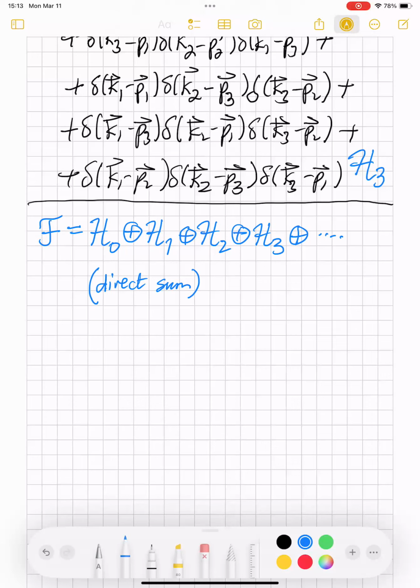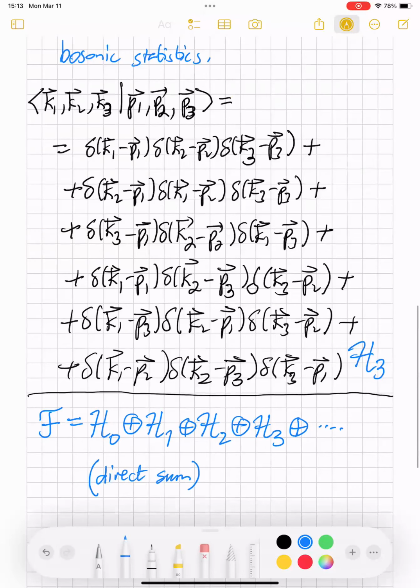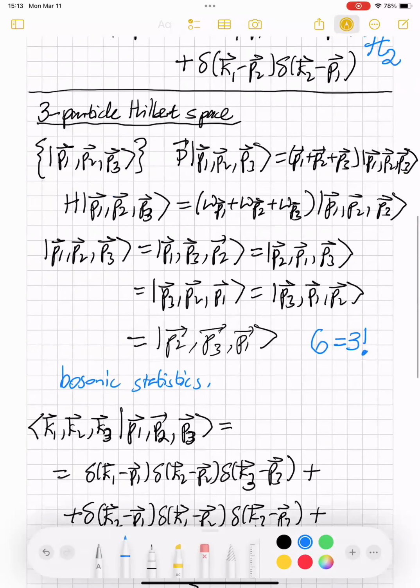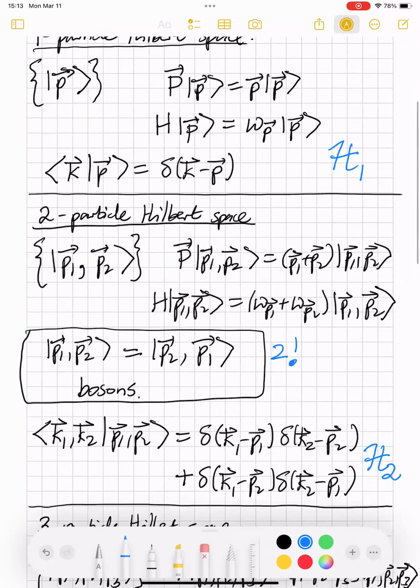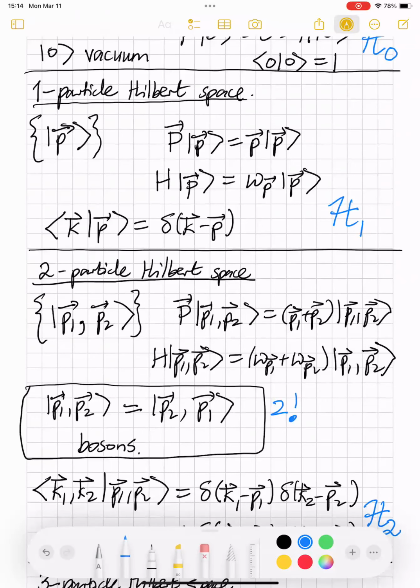And what does it mean to take the direct sum? Well, if I was in, say, the two-particle Hilbert space, I would take linear combinations of this basis, P1, P2. So I could take linear combinations of those vectors. If I'm in the direct sum of H1 and H2, I can now take linear combinations of states from the basis of H1 or from the basis of H2.